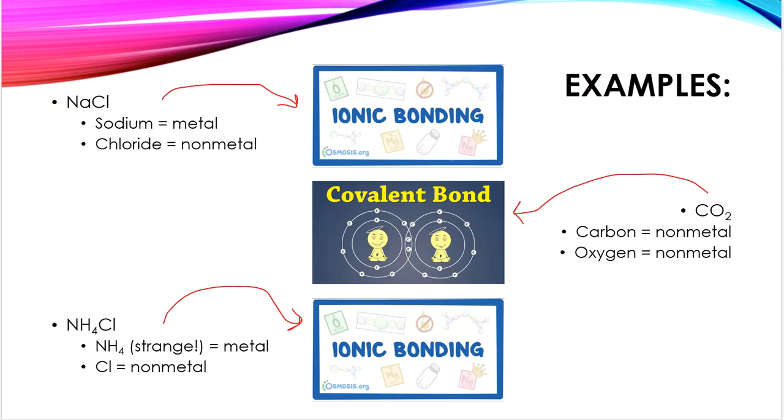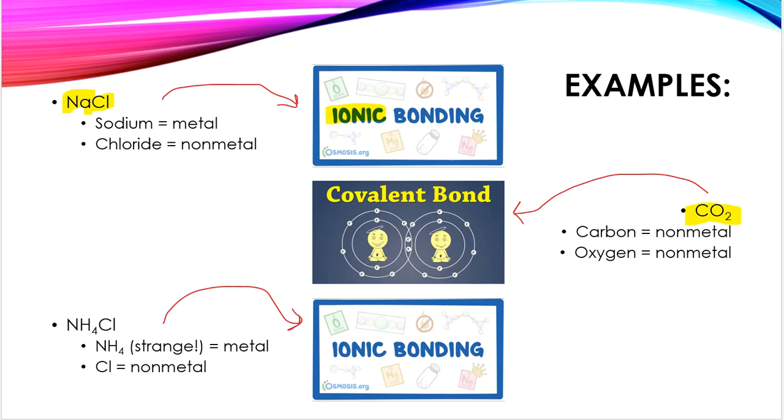That is why you're going to see typically 3 examples that I give you. 2 we've already talked about, the third one we just did. So again, sodium is a metal and chloride is a non-metal. So therefore, metal and non-metal make ionic bonding. A transfer happens, which is the glue that keeps those things together. Carbon is a non-metal. Oxygen is a non-metal.